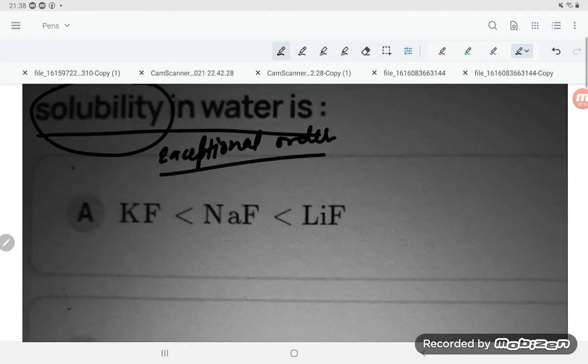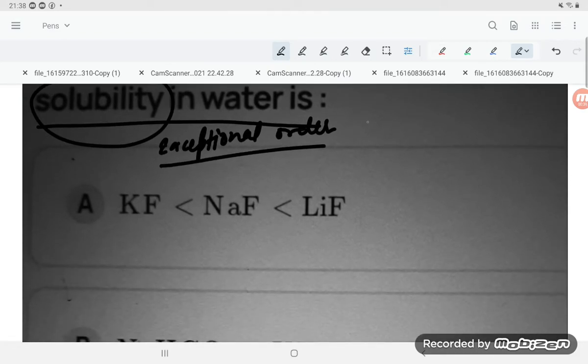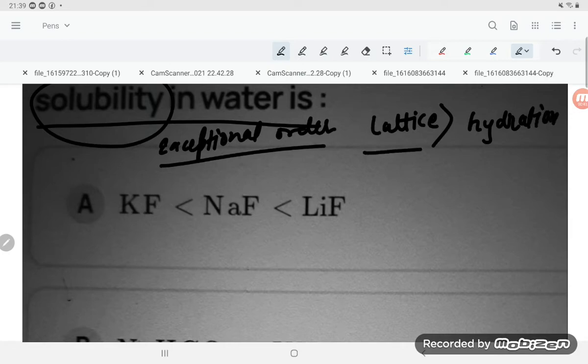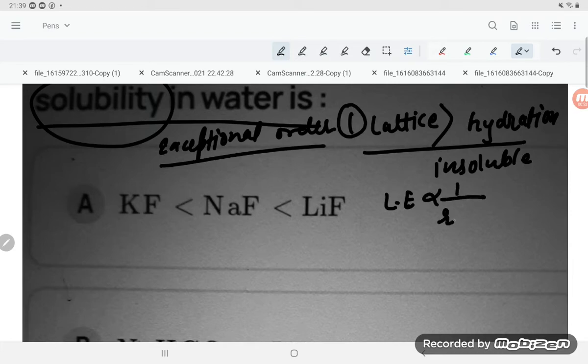So what we have to do, firstly, if lattice enthalpy is high, then hydration is lower, so it will be insoluble. That is the first case. Lattice enthalpy is inversely proportional to the radii of cation plus the radii of anion.